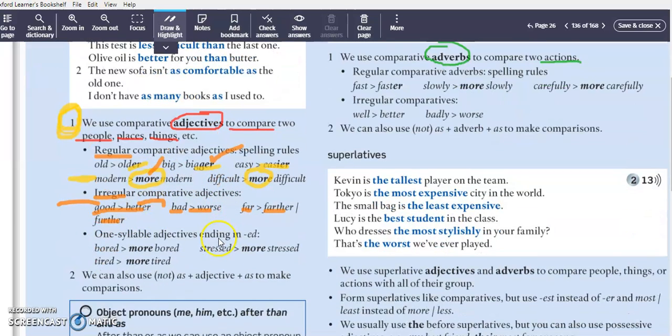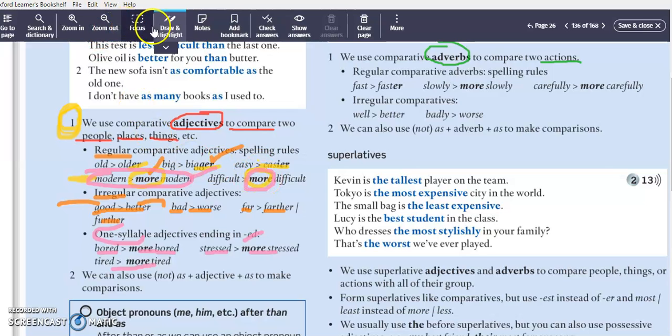And we have one syllable adjectives: bored, more bored; stressed, more stressed; tired, more tired. These one syllable adjectives follow the rule of the long adjectives. Very long and very short adjectives, we're going to write more.